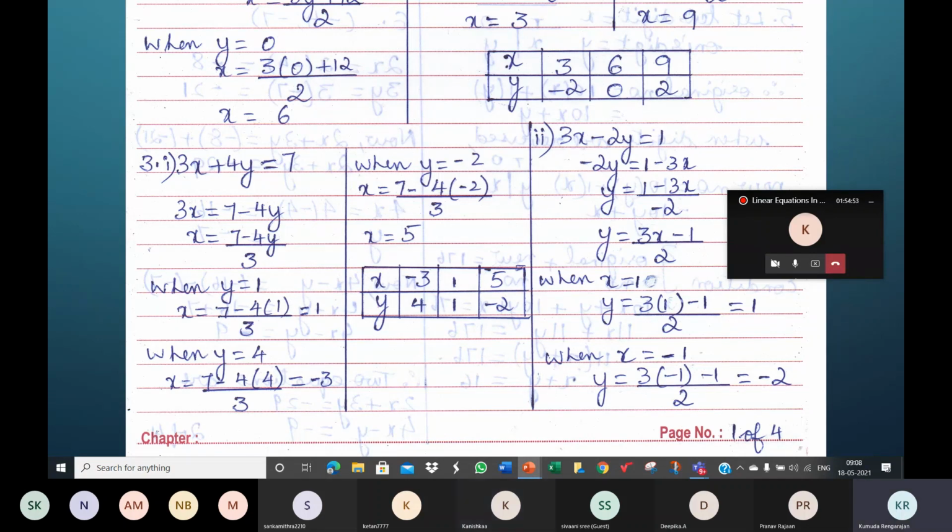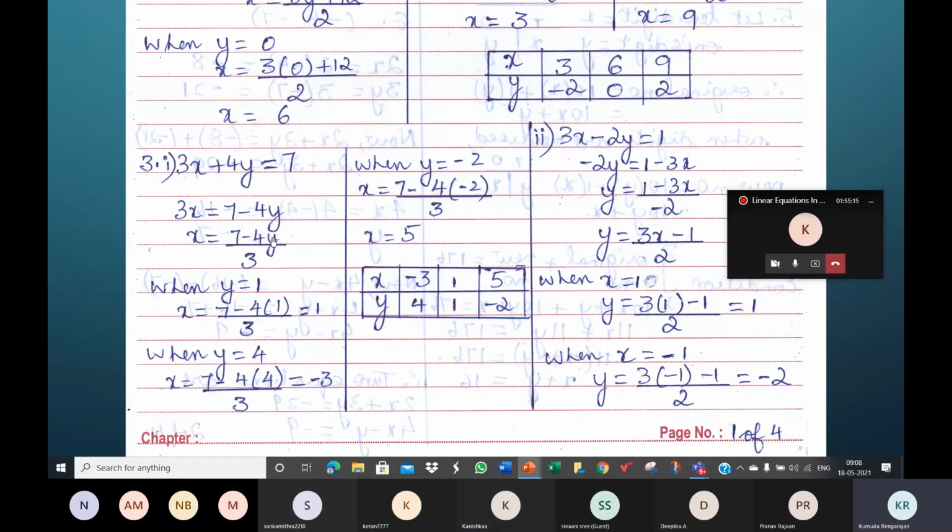11, ma'am. What will you get? 10, ma'am. 10. What is the number when y is minus 1? So yes, add 11. When you add 11, because the denominator is 11, add 11. So what do you get? 10. Correct? Yes, ma'am.